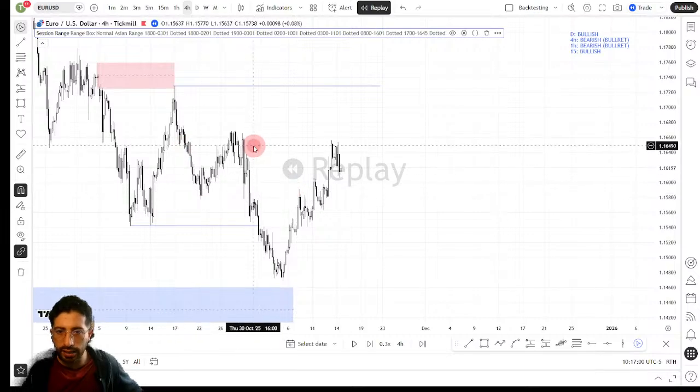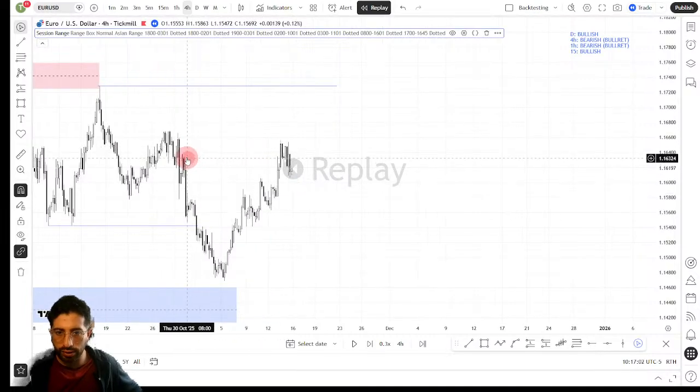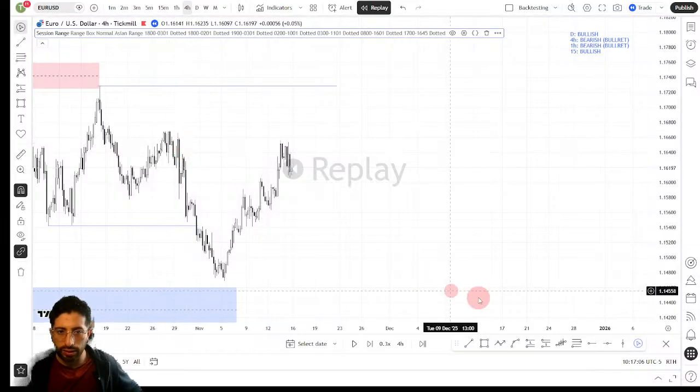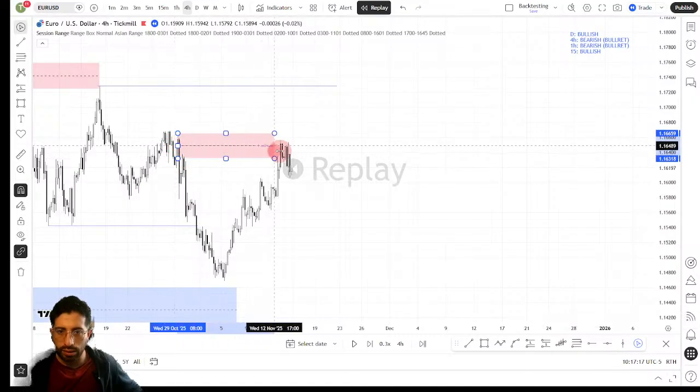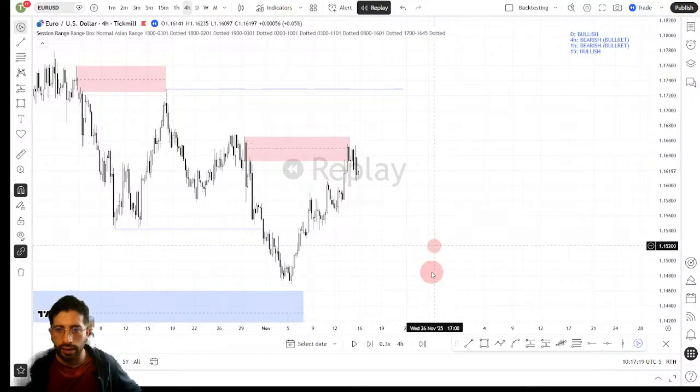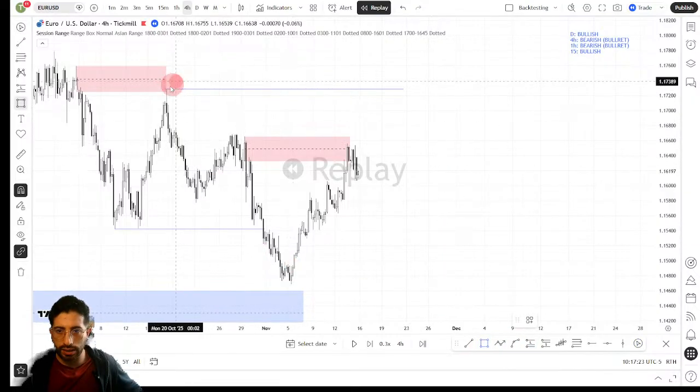After this, the closest order block where the price may have a reaction, I'm going to select this one because this is the one the price is actually reacting to. And we also have above this place this order block in the 4 hour time frame, right?